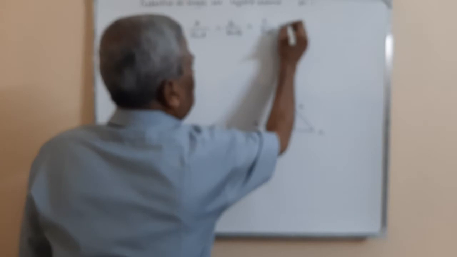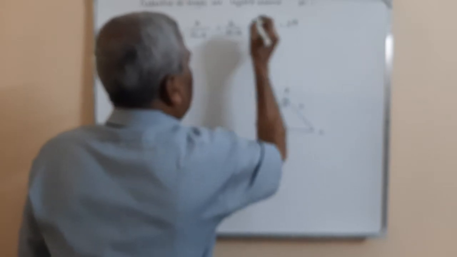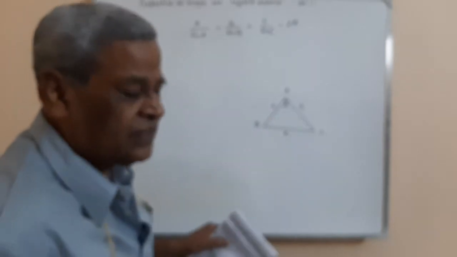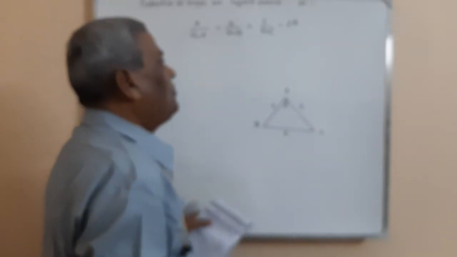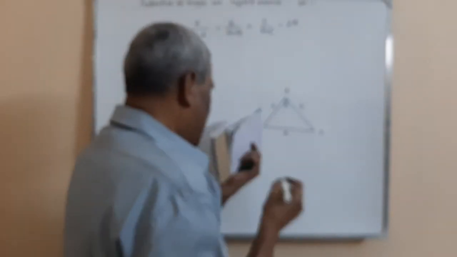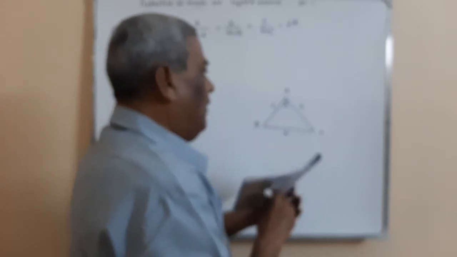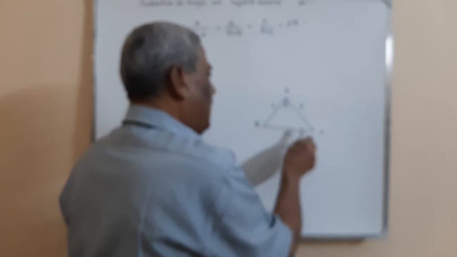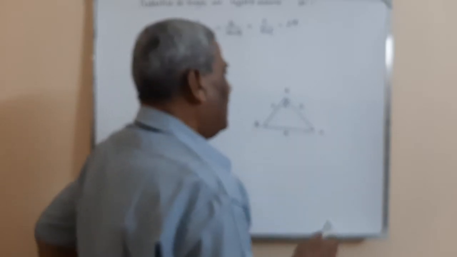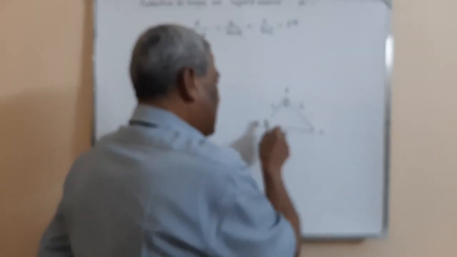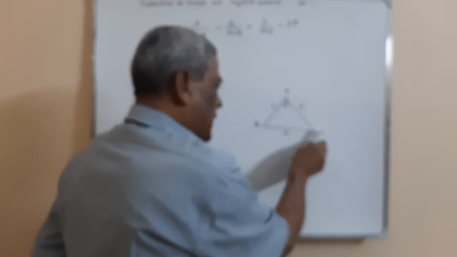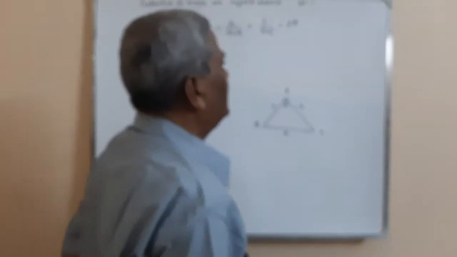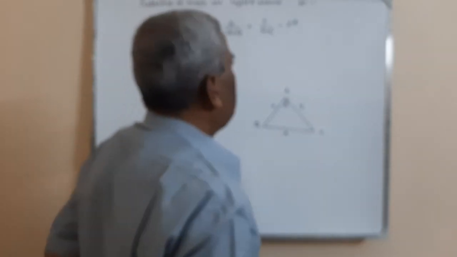is equal to 2R. Small a, b, c and capital A, B, C I explained just now, and R is the radius of the circle circumscribing that triangle ABC, that is, the circle passing through vertex A, vertex B and vertex C. This is a circle, its radius is R, 2R is the diameter.